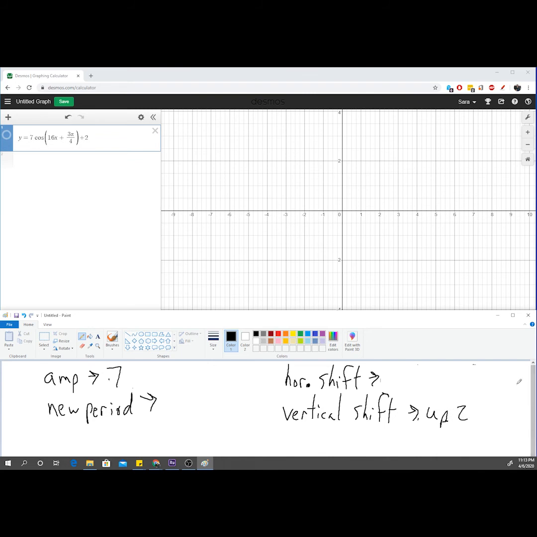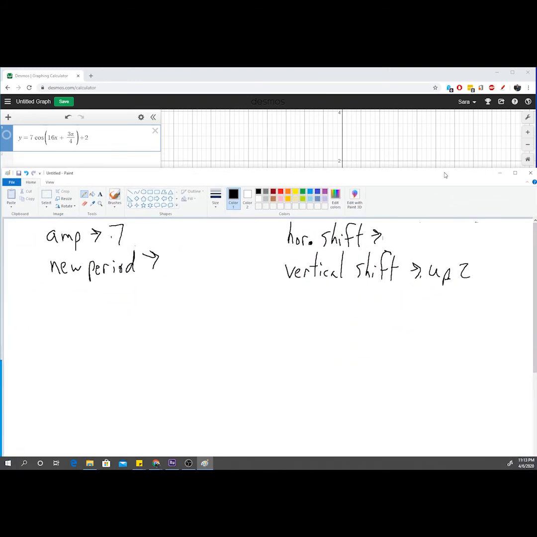For your new period and your horizontal shift, it will take a little bit more work. So for your new period, we're going to set your bx equal to the normal period. We're going to then solve it for x.